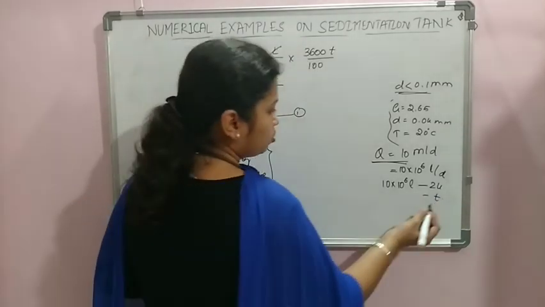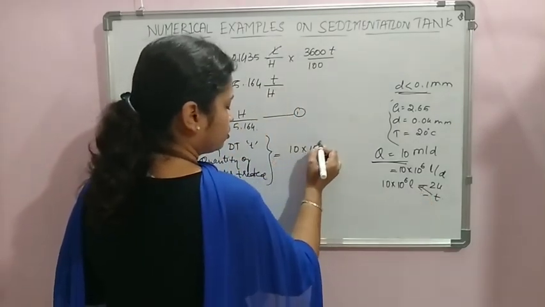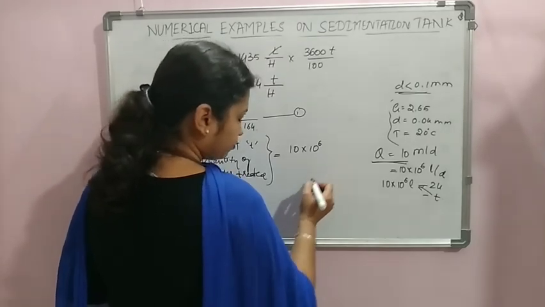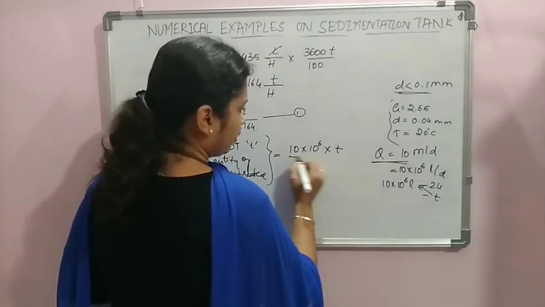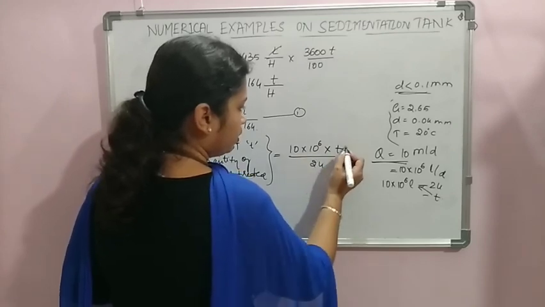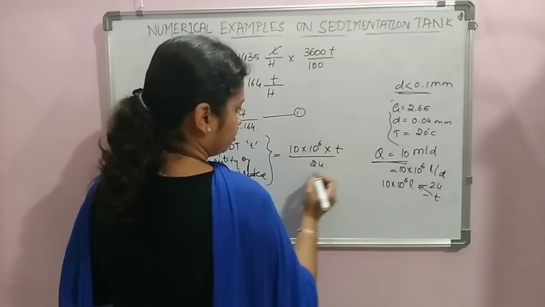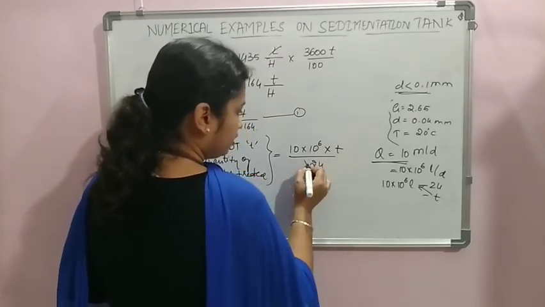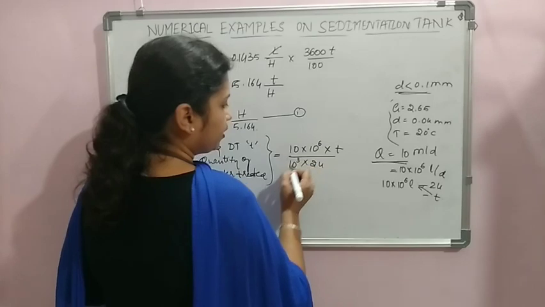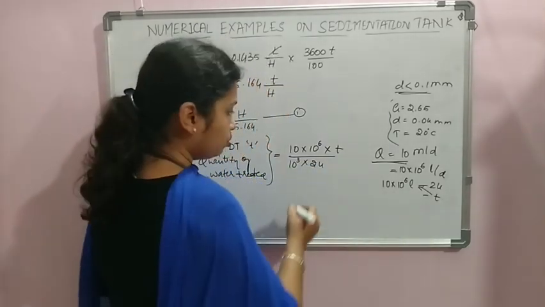So what is the amount that we are going to treat in T hours? To calculate that, we do 10 into 10 raised to 6 into T divided by 24. This is in liters. To convert it into meter cube, we divide it by 10 raised to 3.